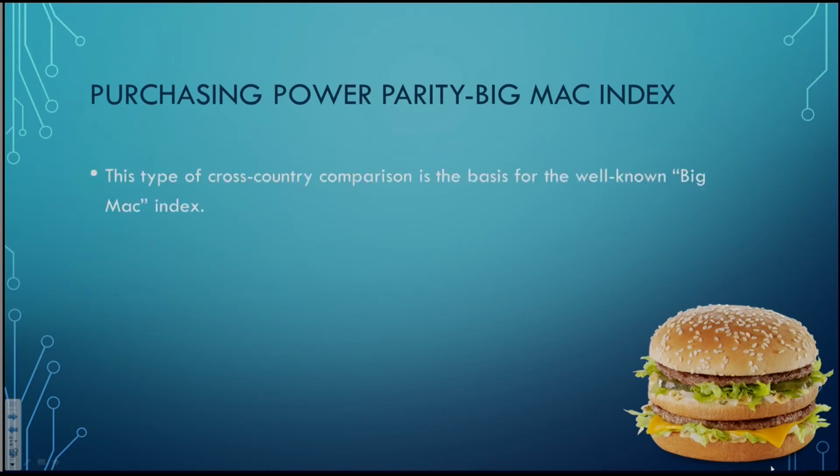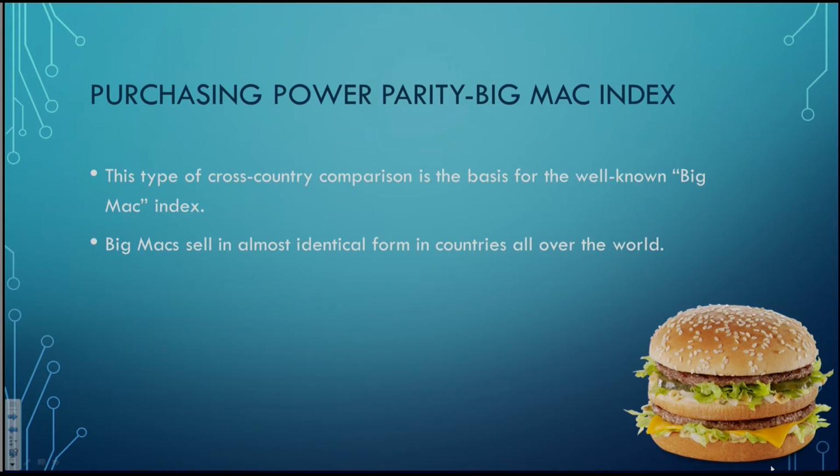Now, this type of cross-country comparison that we've just made is the basis for the well-known Big Mac Index. The Big Mac Index you hear a lot about. If you're an economist, you see reference to it a lot. Basically, Big Macs sell in almost identical form in countries all over the world. McDonald's doesn't always sell all of the same products, but they do generally sell Big Macs in most McDonald's around the world.